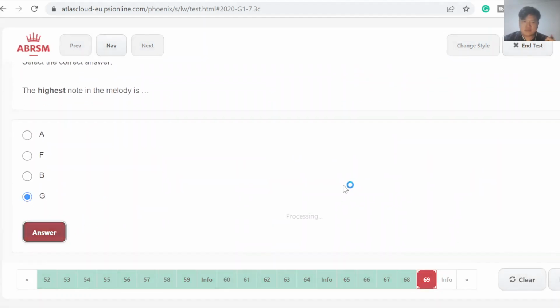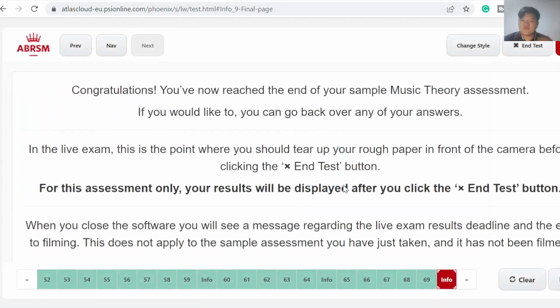Okay, let's see if we can get full marks. Congratulations, you have now reached the end of the sample music theory paper for grade 1. Once I submit the test, then I will know whether we can get full marks or not. Are you excited? Okay, let's do it. Can we get full marks?